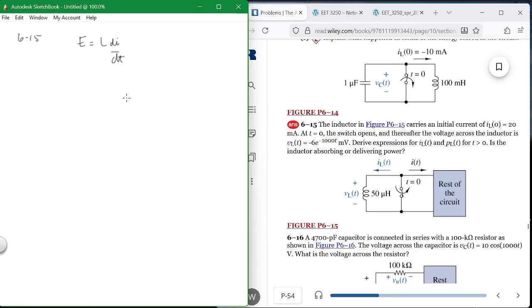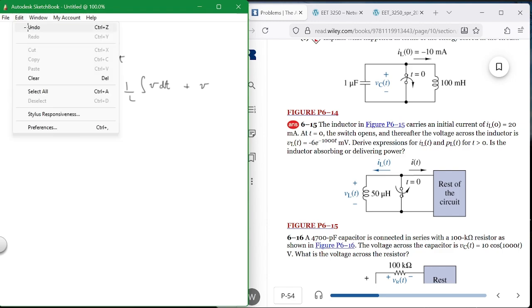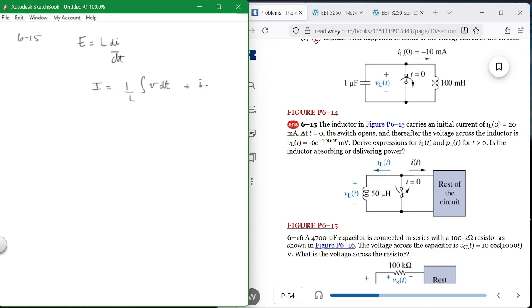I, how do I get I? I equals what? 1 over L integral volt dt, okay? Plus I0. What is I0? 20 milliamps.